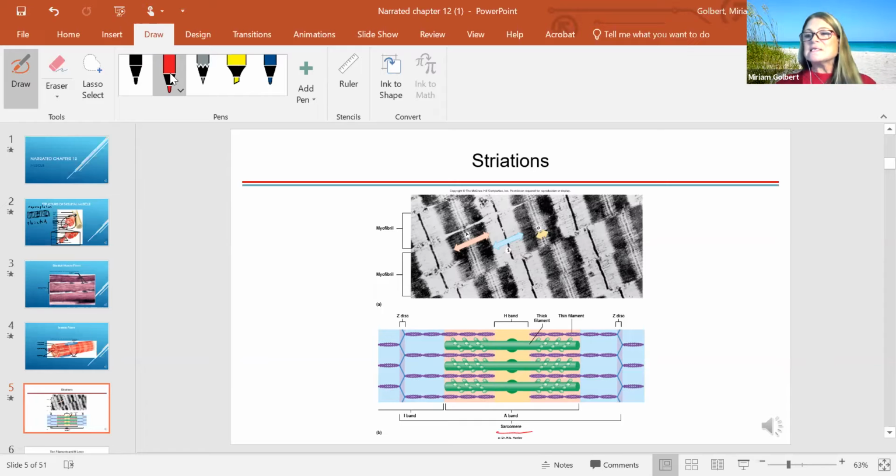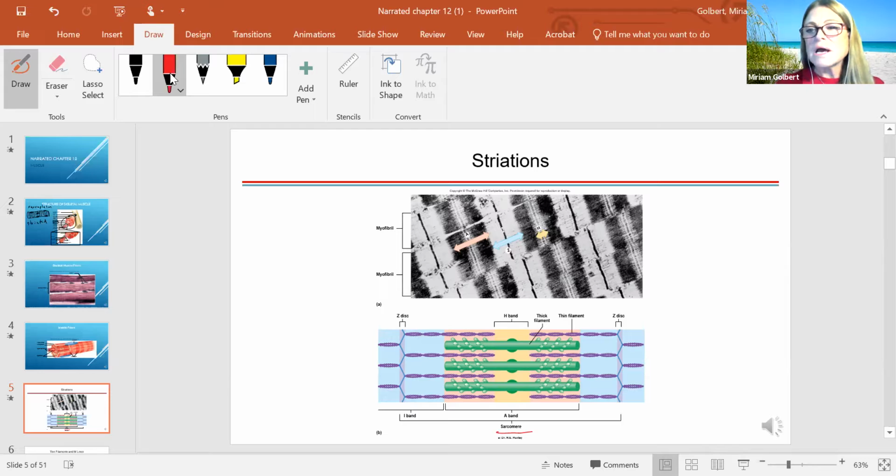Sarcomere is the basic functional unit of contraction. And you have to imagine the sarcomeres are one next to the other along the length of this muscle fiber and all around it because it's a cylinder. So basic functional unit of contraction is your sarcomere.